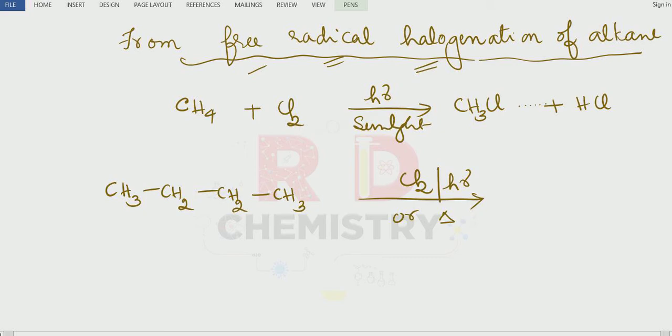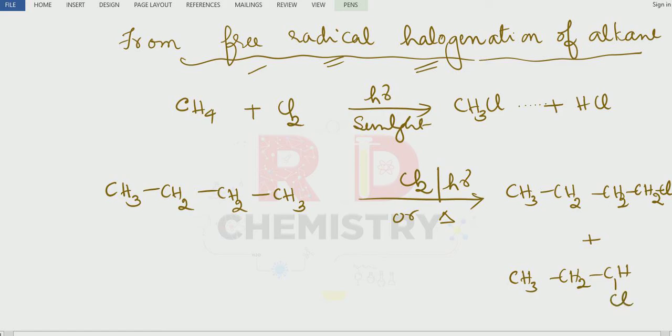Then you get a mixture of products. So we can get CH3, CH2, CH2, remove one hydrogen and introduce the chlorine on the last carbon, or I can get another product also, CH3, then CH2, then CH, on this carbon atom remove the hydrogen, introduce the chlorine, then CH3. So we get a mixture of products.